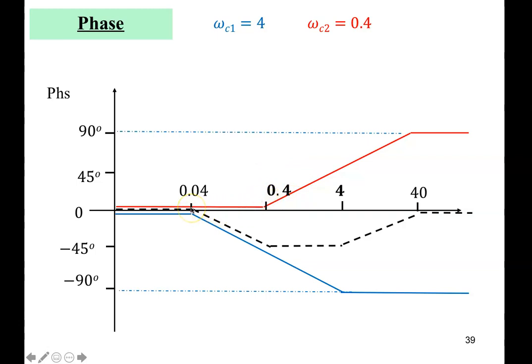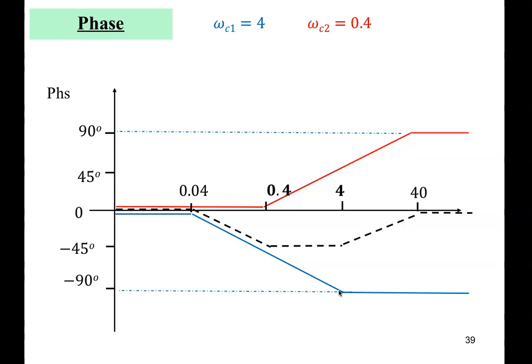This is 1 division below, that's where 0 degrees stops. 1 division above the corner frequency 0.4 is 4. So from 4, you get minus 90 degrees. And in between, you just draw a line to connect them together. So red line for G1, blue line for G2.